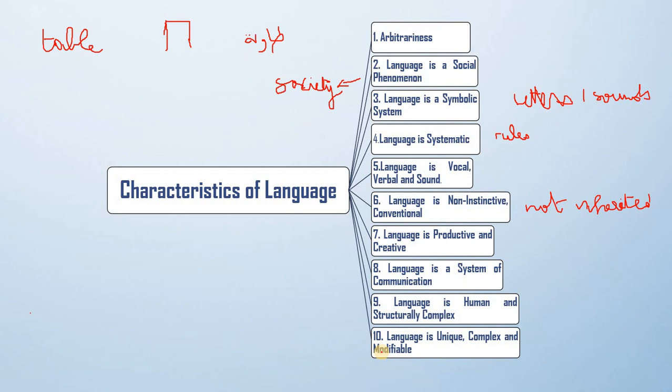I borrow it from French, and in English it was modified to become create. Or it is the reverse. So we borrow words and modify them to fit the system of that language. These are all the characteristics of language.